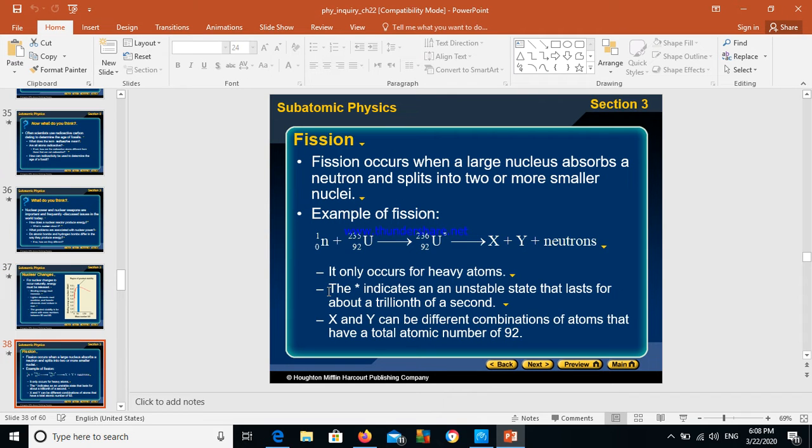Second, fission. Fission occurs when a large nucleus absorbs a neutron and splits into 2 or more smaller nuclei.